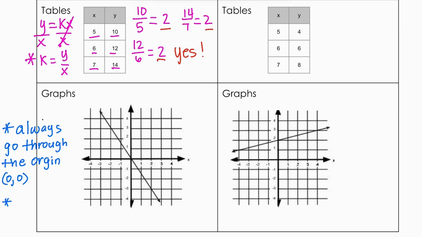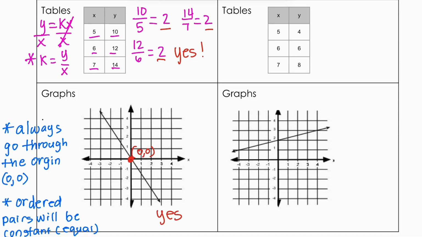When we are talking about proportionality in graphs, ordered pairs will be constant, meaning equal, the same. In this graph, does the line go through the origin? Yes, it does. So this graph shows proportionality.